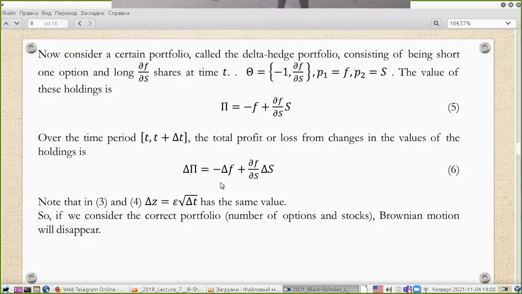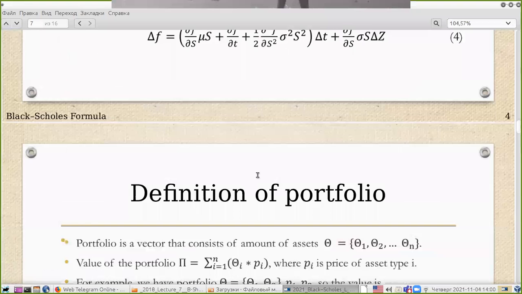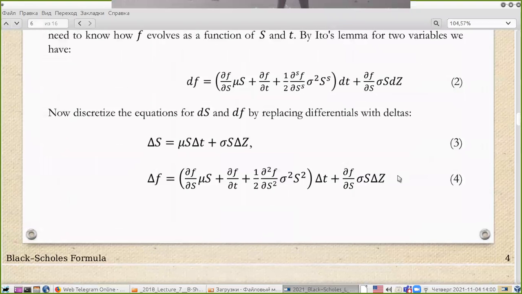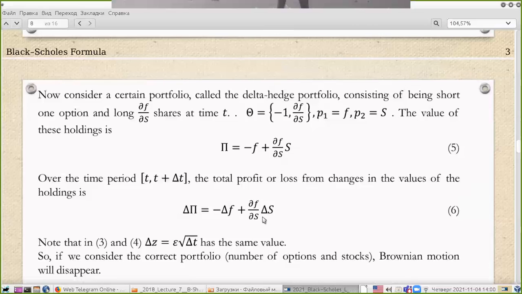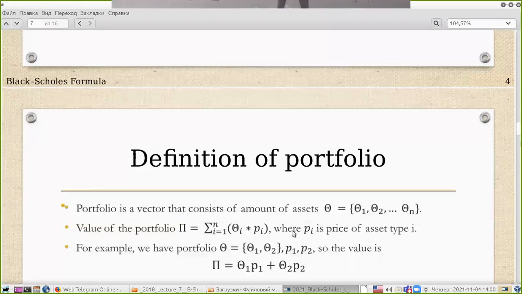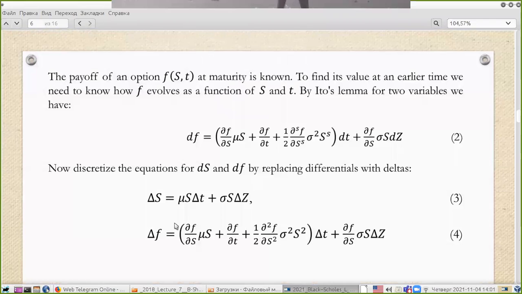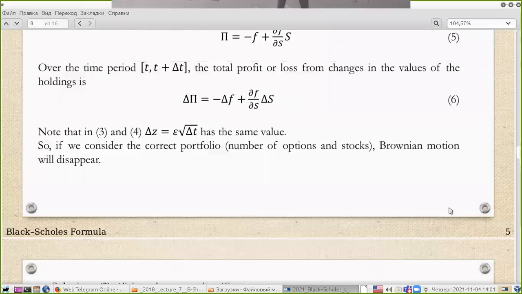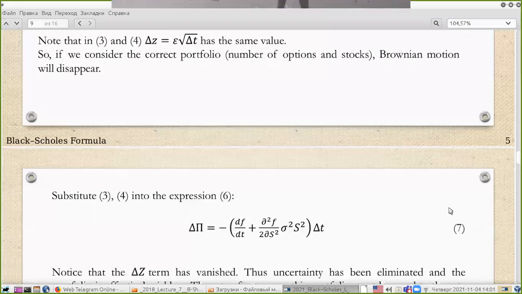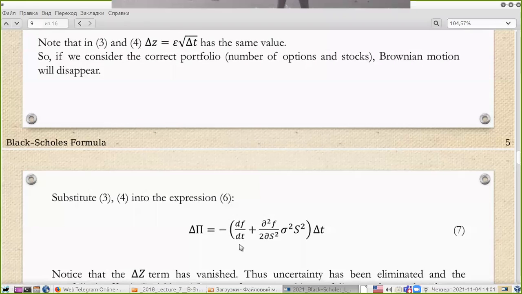So you see expression 6, yes? Delta f is given by formula 4, and delta s is formula 3. If we substitute this, we get the next expression.